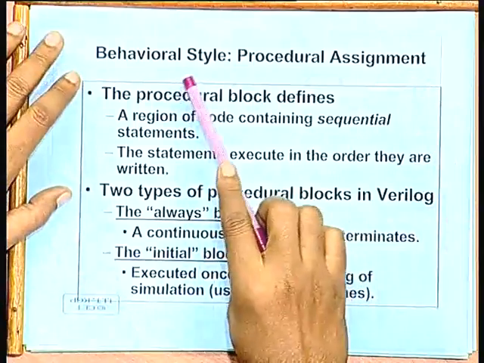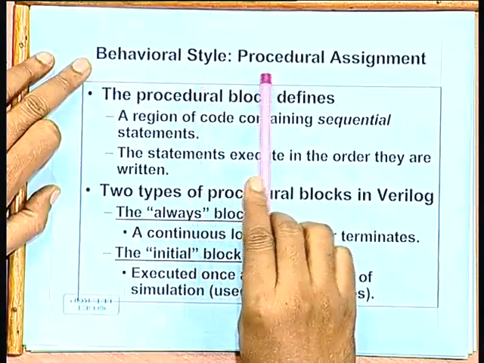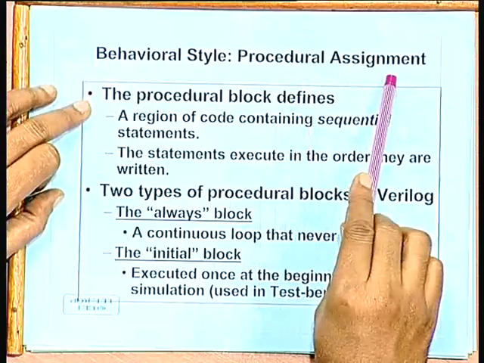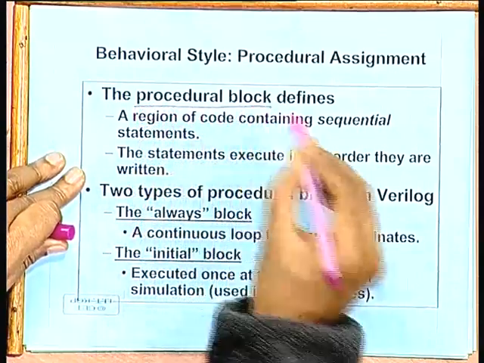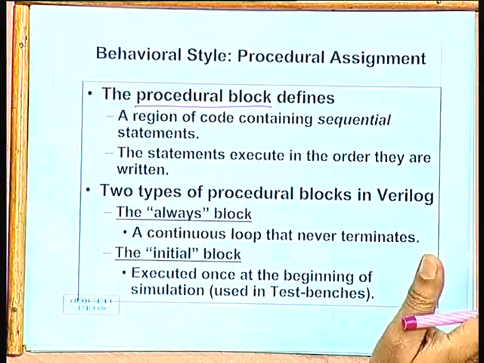Okay. So, now let us look at the other style, the so called behavioral style. Now the behavioral style, which is sometimes also called procedural assignment statements or procedural assignment block. Such a block defines two things. First, just like any high level language, you can define a block of statements.